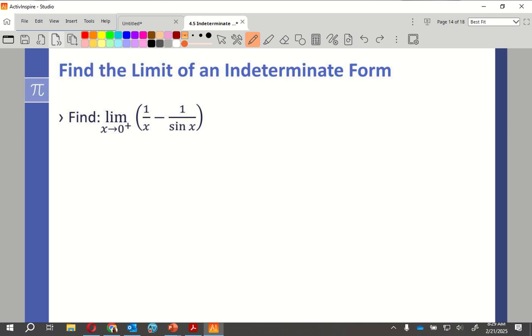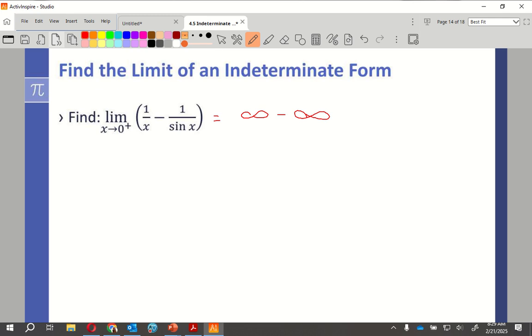So sine at 0 is 0, so that's 1 over infinity, so that turns into infinity minus infinity. So this is another indeterminate form. I'm not going to do all of them, and the only ones that we'll see are like this.